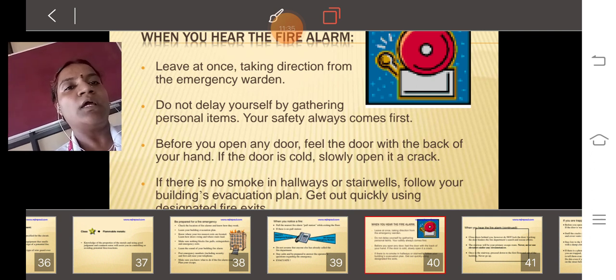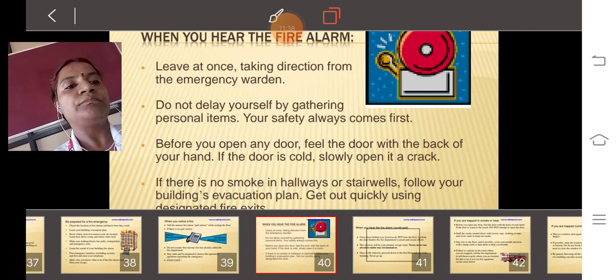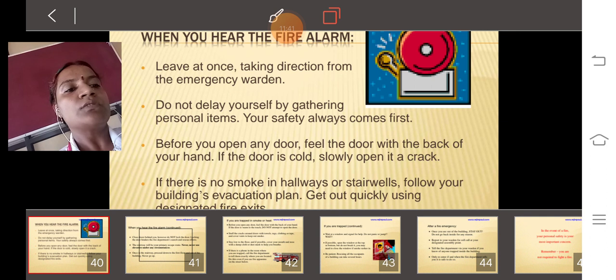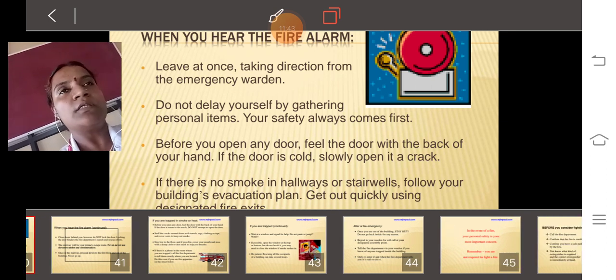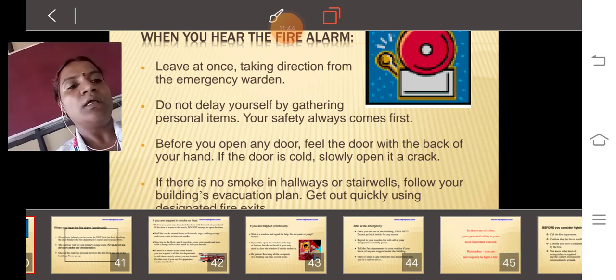And third one, we have to be very aware of the fire alarm system. So these are all the methods of how we are going to protect ourselves from fire.